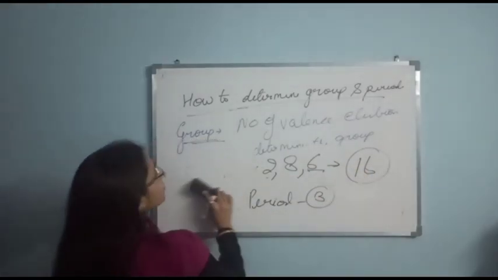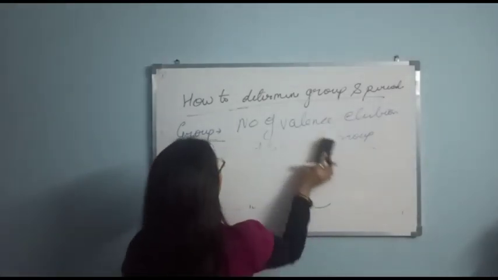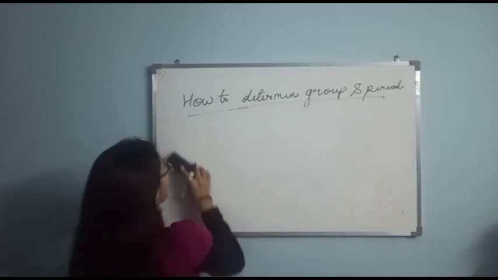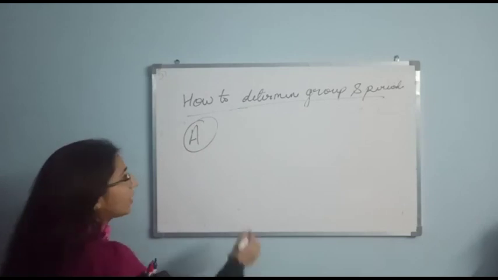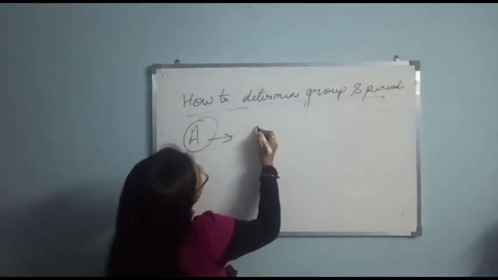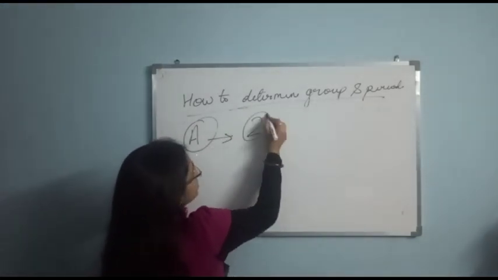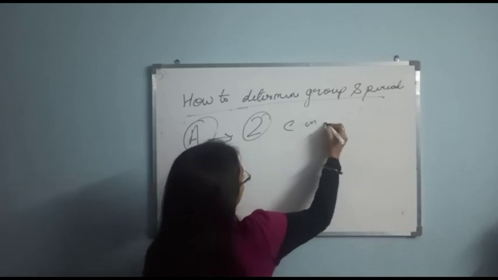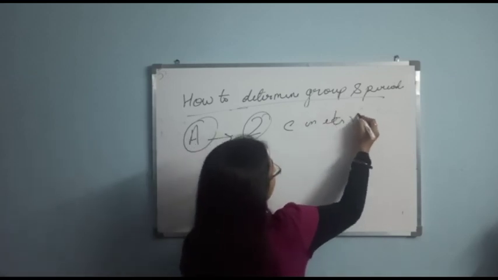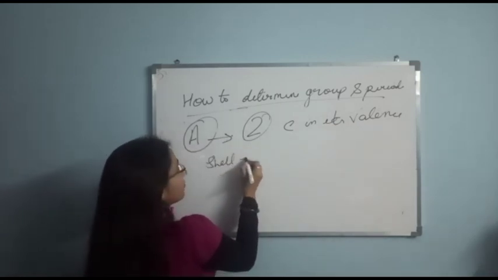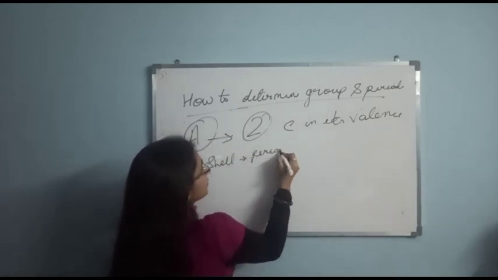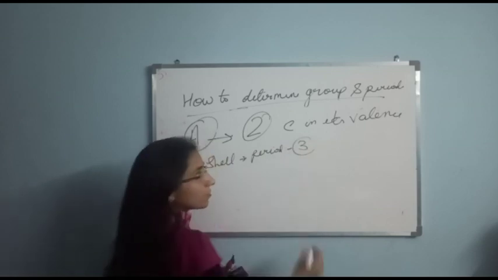I'll let you know a very important question which is normally asked in the board exam. See how it is asked. An element A has 2 electrons in its valence shell and its period is 3.